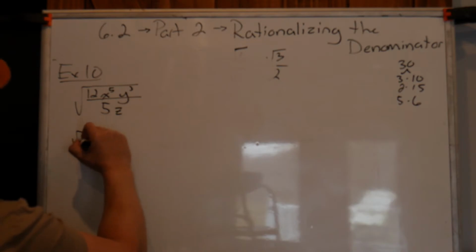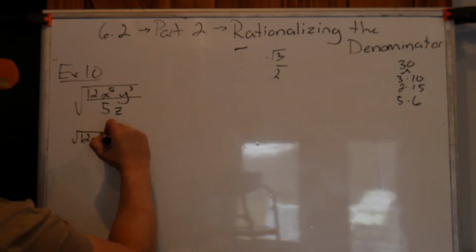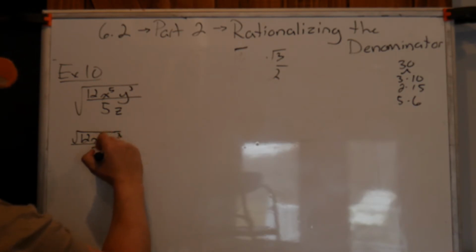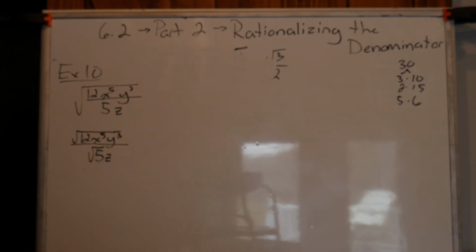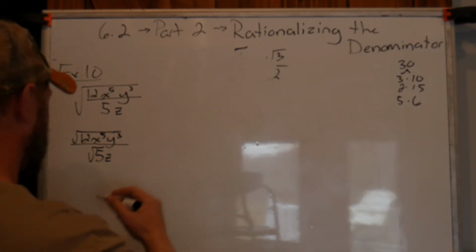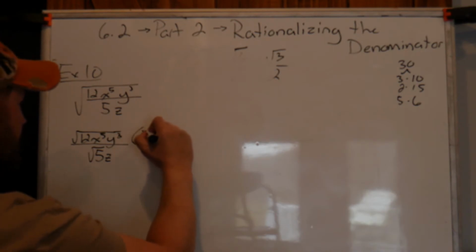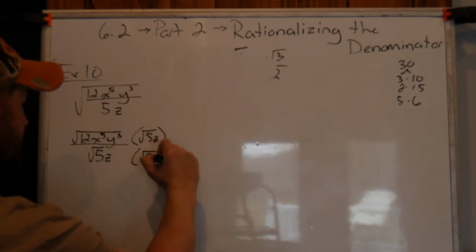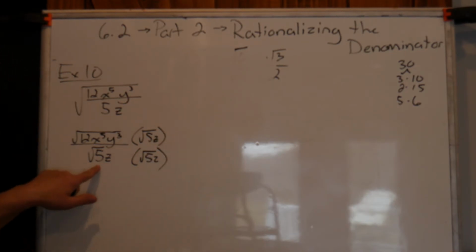Regardless, we think of this as square root of 12x to the 5th y cubed all over square root of 5z. Again, we can multiply by 5z to get that square root to go away.